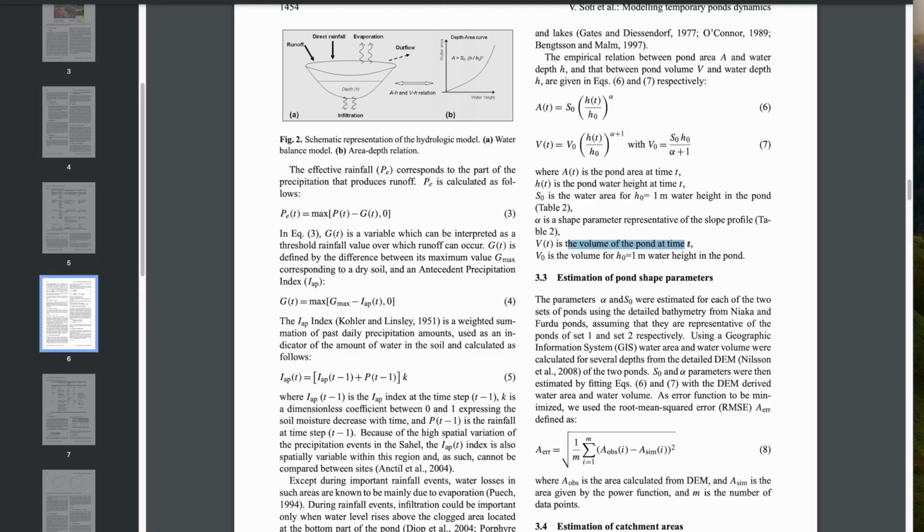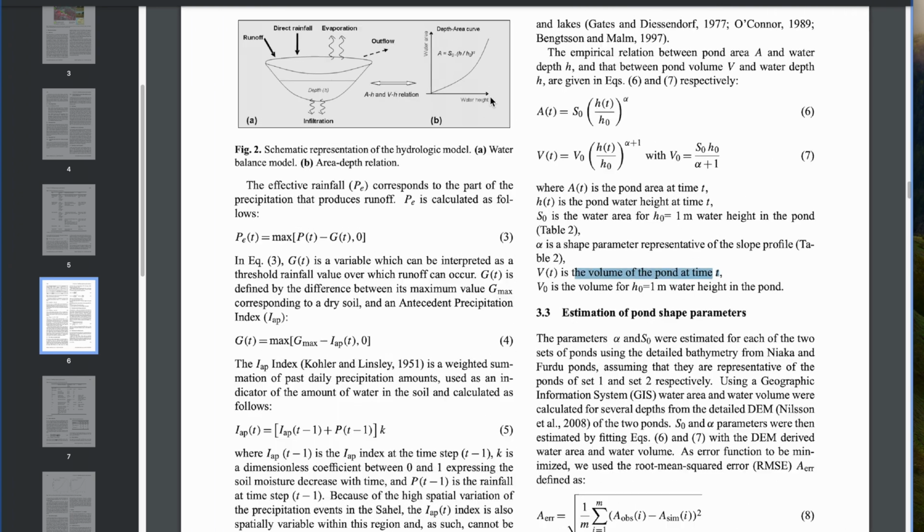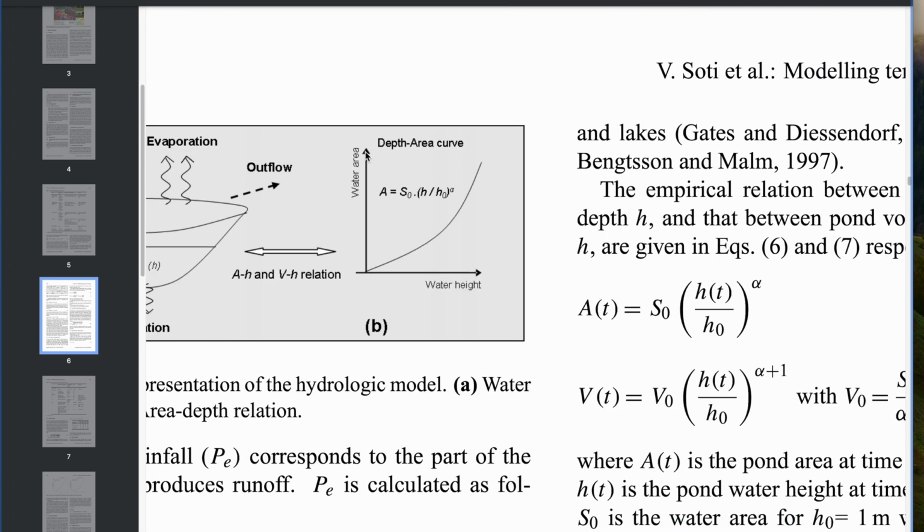So again, if you go to this paper, here it's again showing the same thing. It has this logarithmic curve that Soti talks about, like how the water area and the water height link to this logarithmic curve.